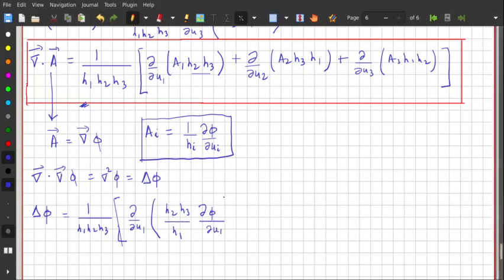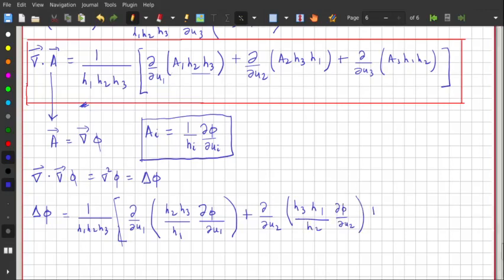Like that for all the others, we just substitute the A_i's appropriately. So this will become partial with respect to u2 of h3 h1 by h2 partial phi partial u2, plus partial with respect to u3 of h1 h2 by h3 partial phi partial u3. So that's the general expression for the Laplacian.